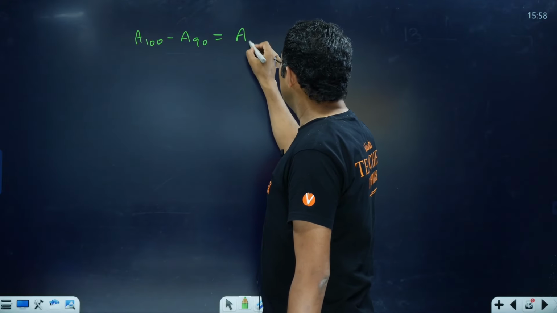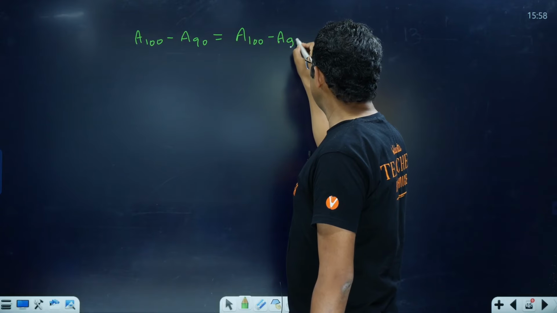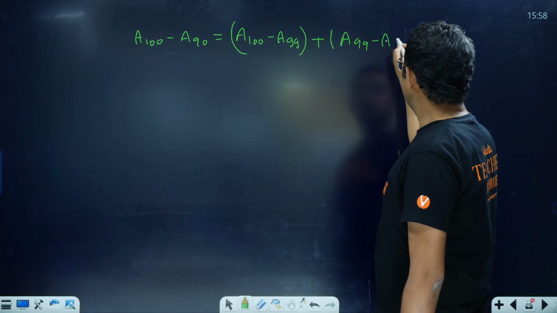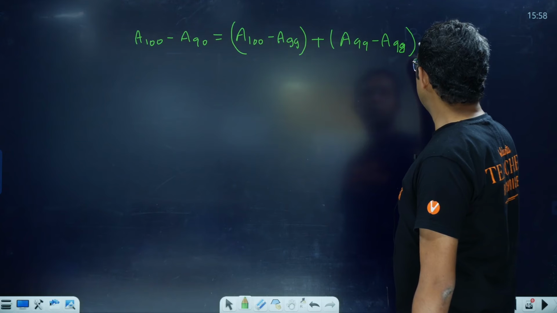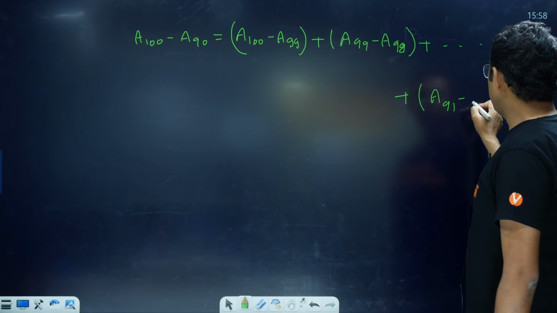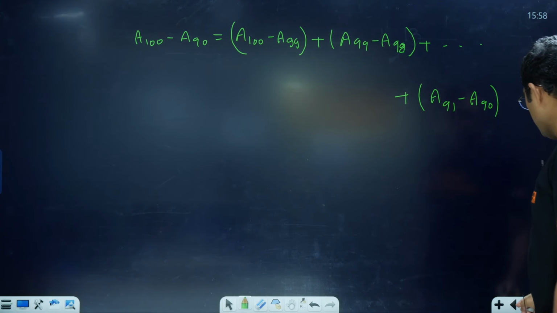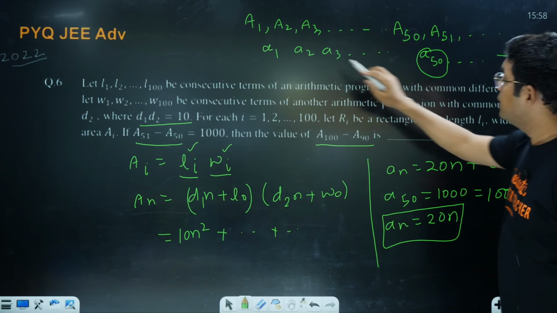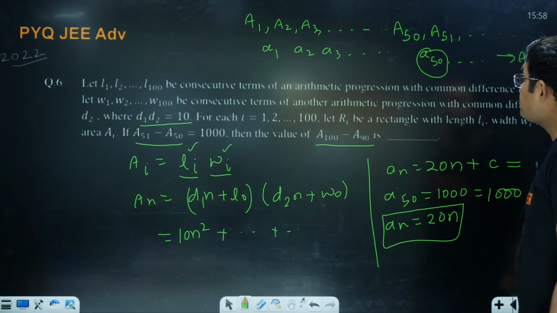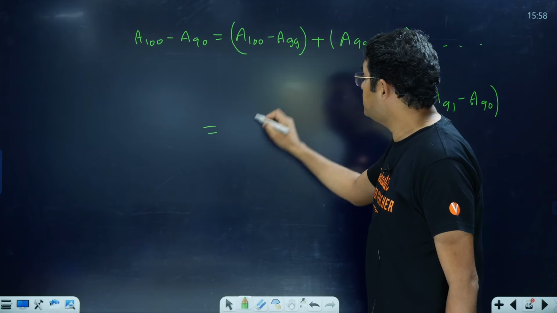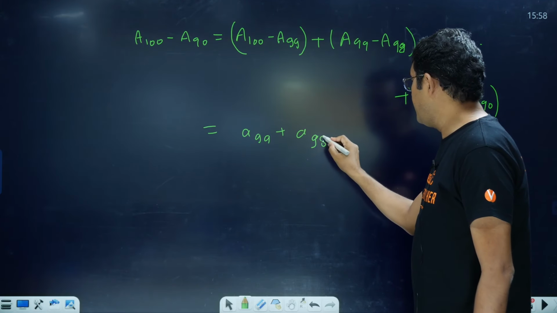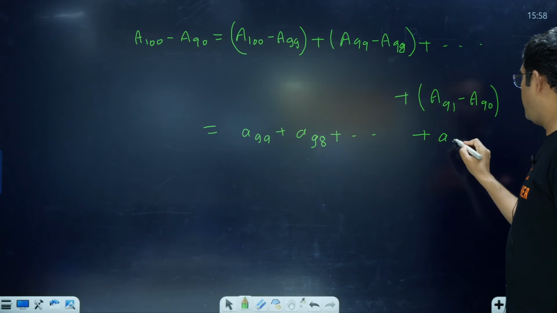I can write it as A100 minus A99 plus A99 minus A98, and so on, A91 minus A90. Now if you compare it with this series, small a1, a2, a3 and so on, I think this is A99, this is A98 and so on, and this is A90.